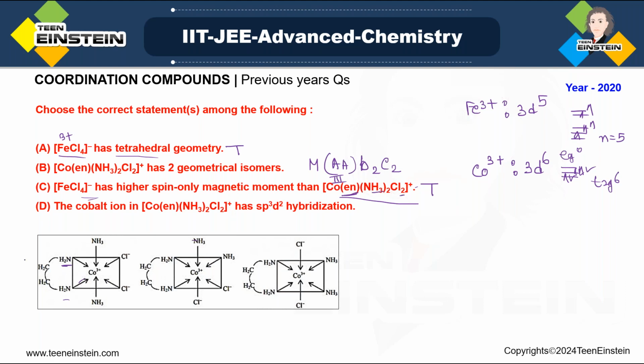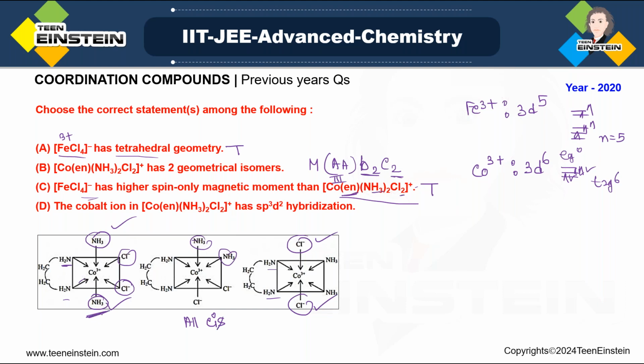Here we have this AA, then we have both ammonia trans, these two Cl. Now in the last one, this position will always be fixed. So keeping this position fixed, just see how you can change the position of B and C. That is B2 and C2. So our B is ammonia and C is suppose chloride. So here these two are trans. Here these two are trans, chloride, chloride. But in the middle one, both are cis. So we can say it is all cis.